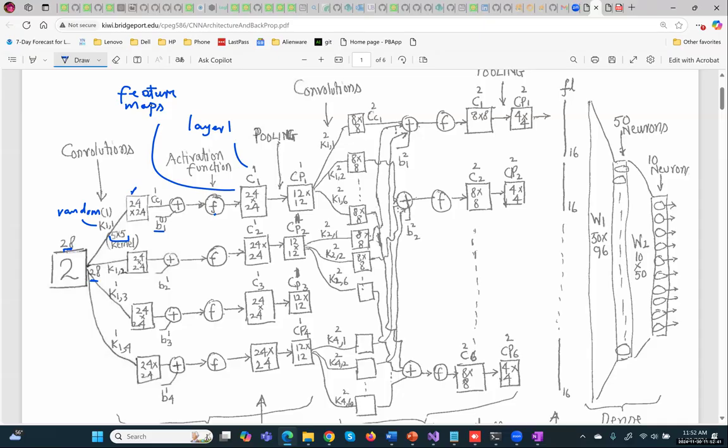This is hard to write on it, but anyway. So how many feature maps are we producing after the first layer? 4, because we did 4 convolutions, right? And once again, all kernels in the beginning are randomly initialized, okay?